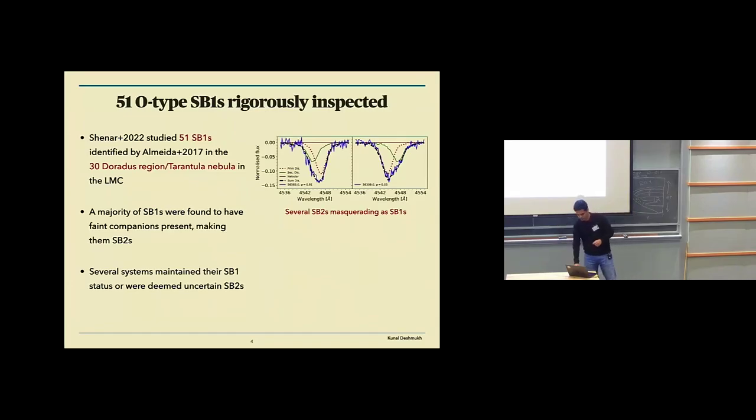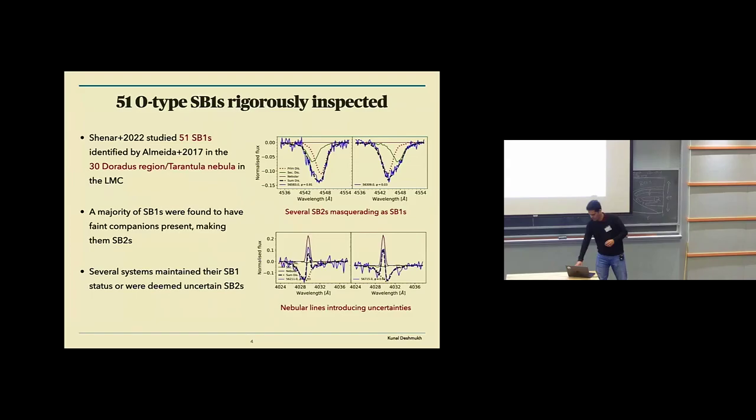There were a few other systems that retained their SB1 status, but also there was a significant number of binaries which were affected by nebular lines. Because we are looking in the Tarantula Nebula, the nebula also has something to say about what we are doing here. Since the nebula is made up of gas, and the spectral lines come from certain elements like hydrogen and helium, these nebular lines can show up as emission lines and interfere with the spectra.